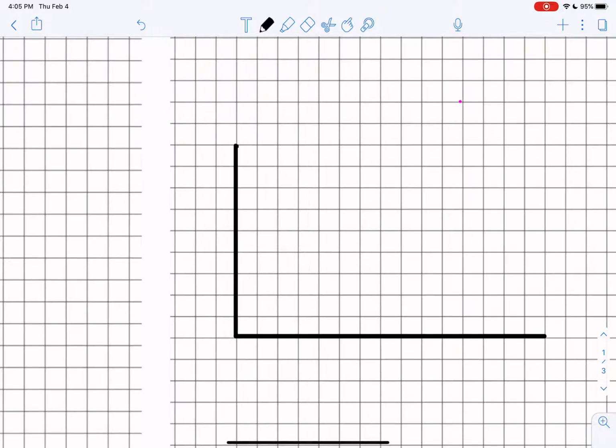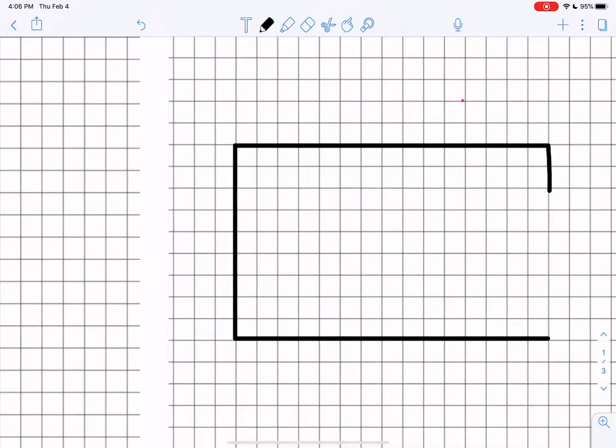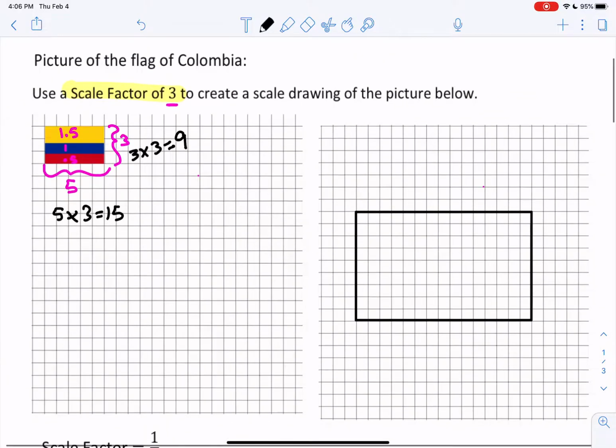Then I'm going to go ahead and close out our rectangle. Oops, my line wasn't working there. So our old flag was 5 by 3, and now it's 15 by 9.